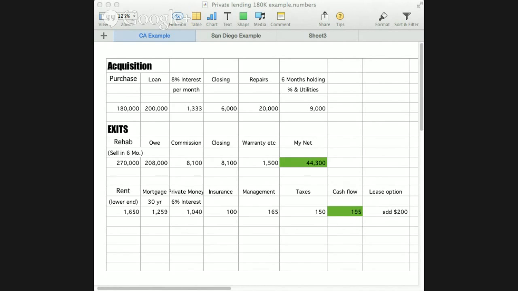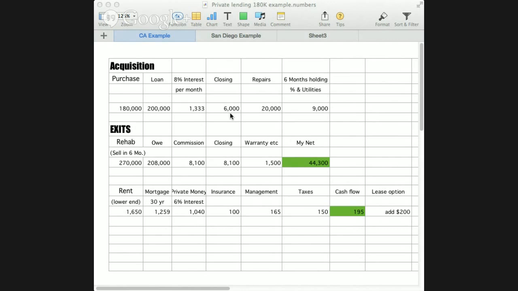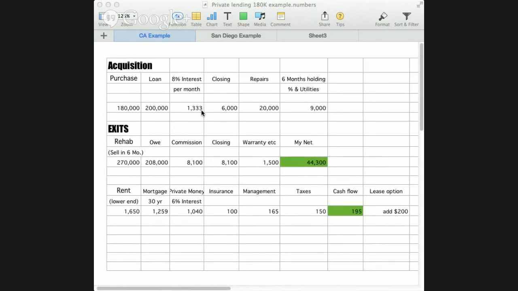So if you decide you're going to have about $20,000 in repairs and you take out a loan with your private money lender of $200,000 and you are paying them 8% interest per month, that's how the acquisition would look in the top line here. There's going to be about $6,000 in closing costs, and the interest is $1,333 per month. But you don't pay the interest on a monthly basis.